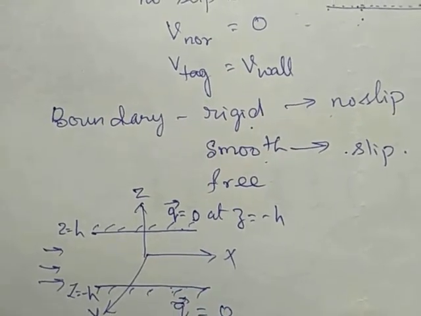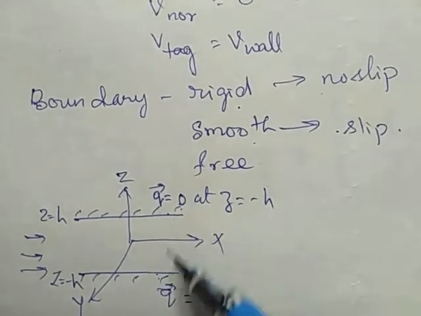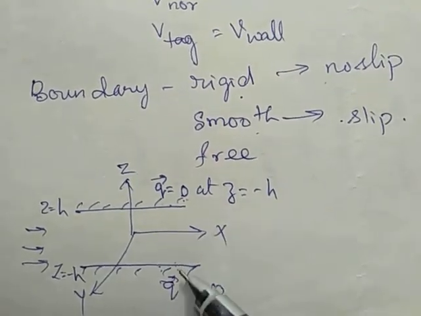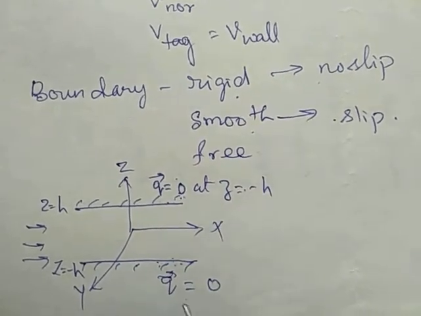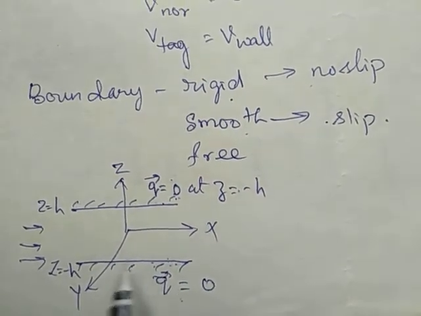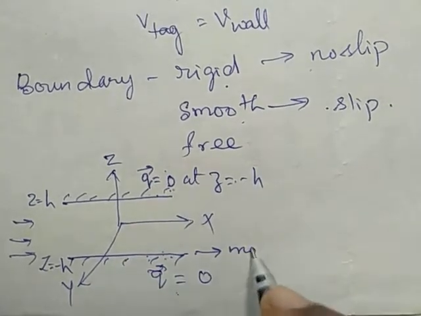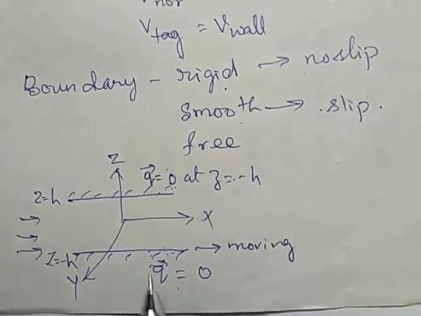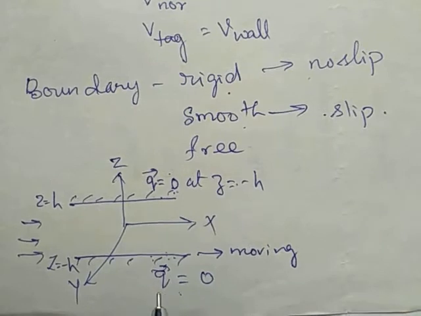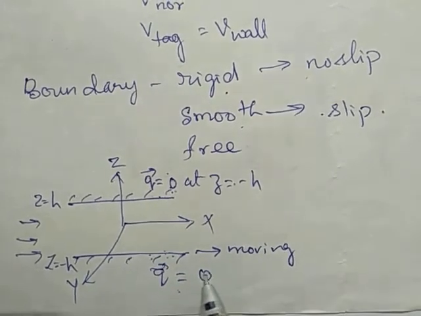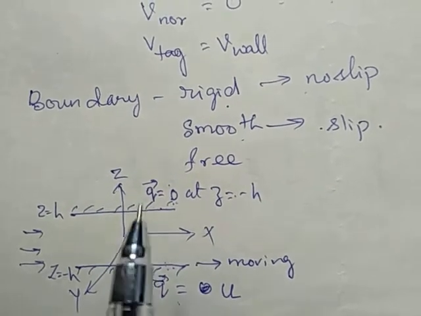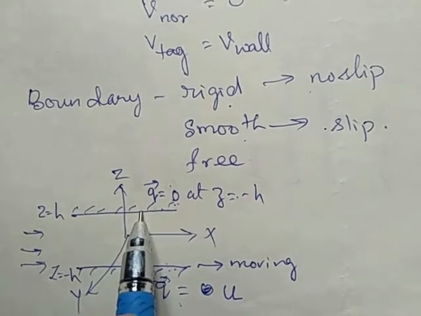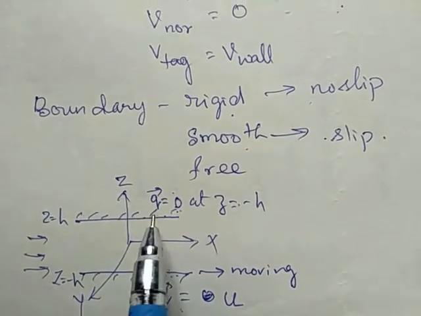When both the parallel plates are stationary, q is 0 at this boundary and q is 0 at this boundary. Suppose this plate is moving, then the boundary condition changes to q equal to some velocity u at this place, and if the other is stationary, then q is 0 at that place.